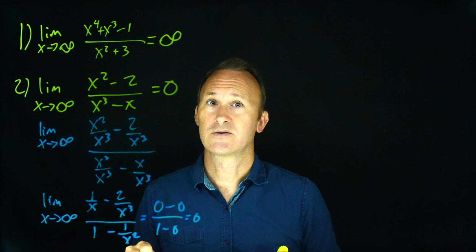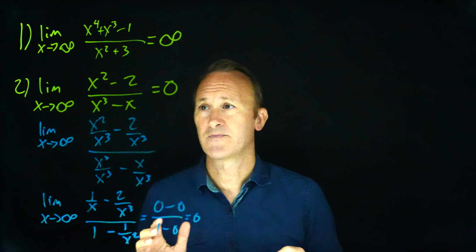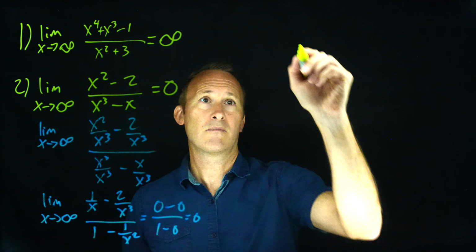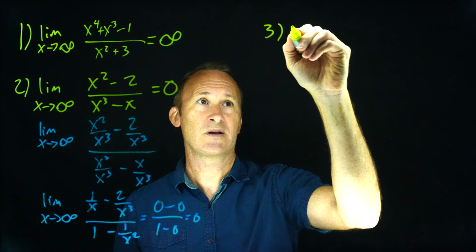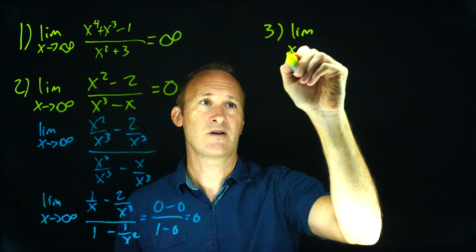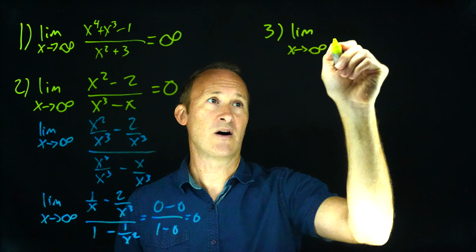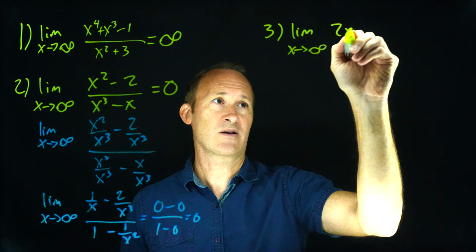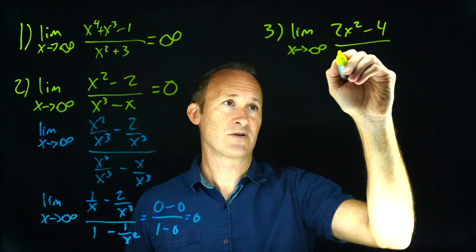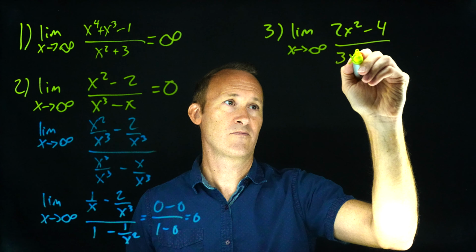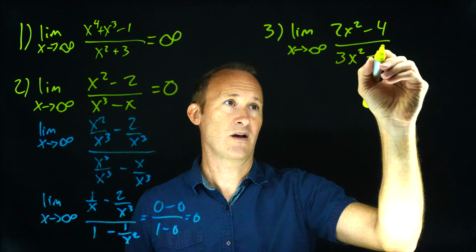Okay, so let's take a look at some other examples. How about the following? We've got the limit as x approaches infinity of 2x squared minus 4 over, let's say, 3x squared minus x.